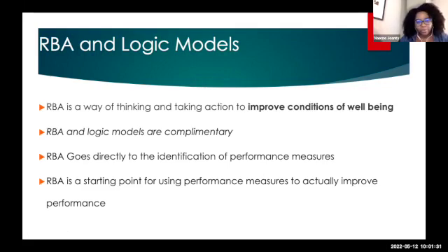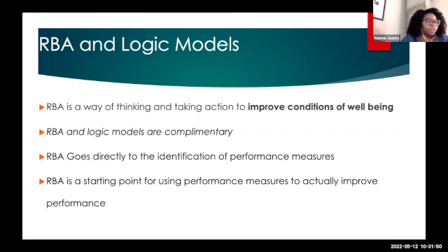RBA and logic models are completely complementary, and RBA goes directly to that identification of different performance measures and really can be a starting point for using your performance measures to actually improve and track your performance as well.